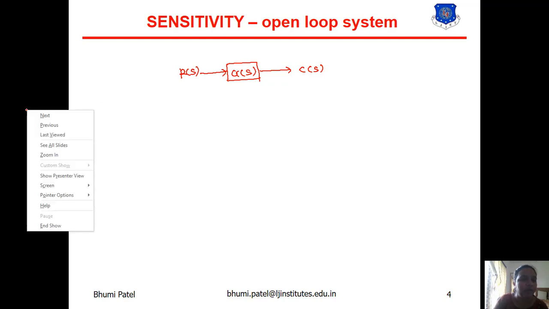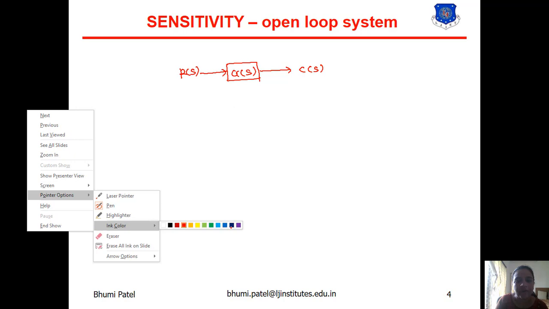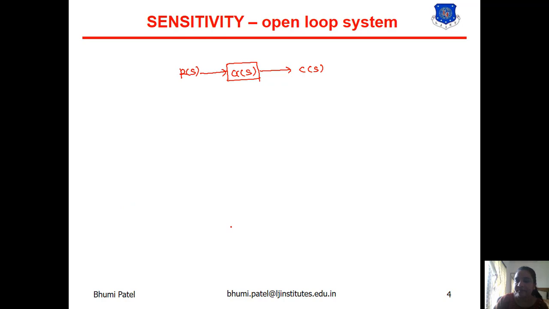If anyone wants to find the output equation, how do we write it? The output C of S is equal to the multiplication of the system and the input signal. So for this open loop system, the output C of S is equal to G of S into R of S.